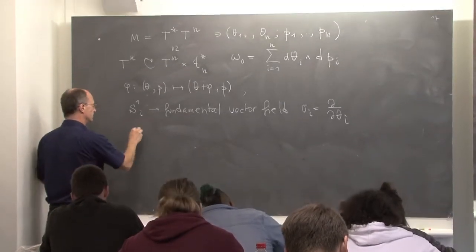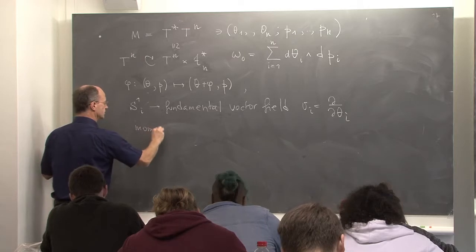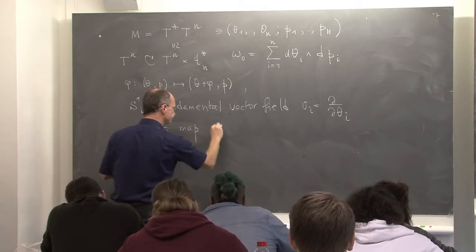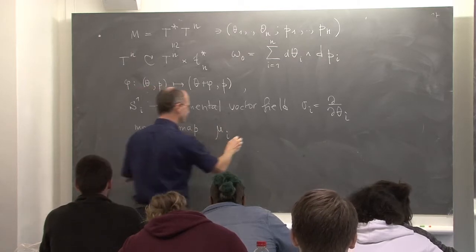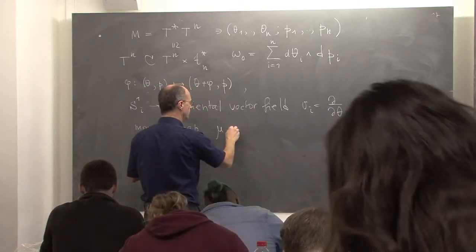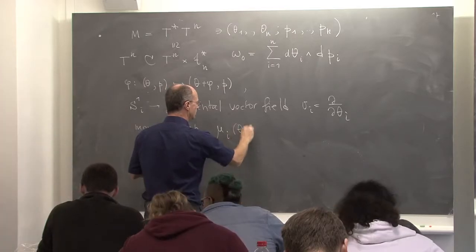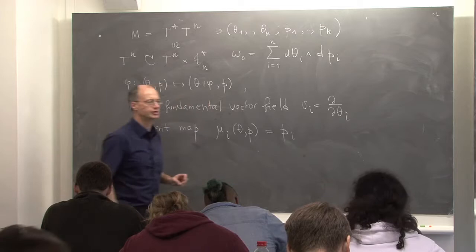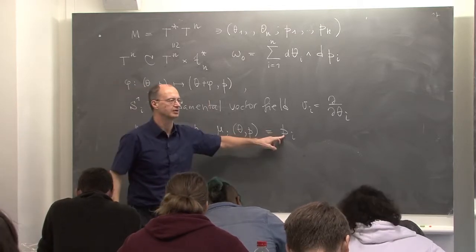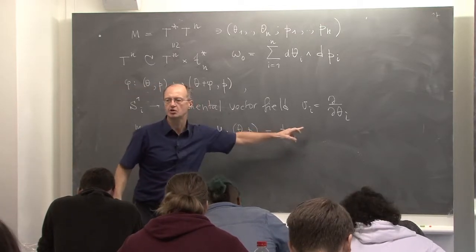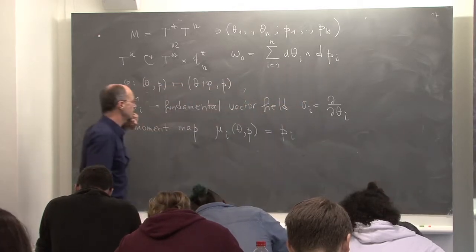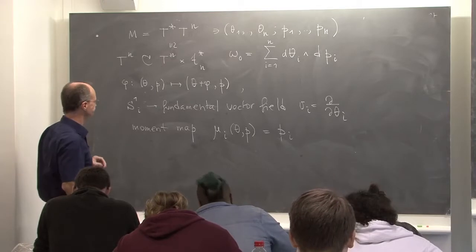And the moment map μi of (θ, p) one can choose it simply to be equal to pi. We can also add constants if you want, right? So this is just a direct consequence of this equation.